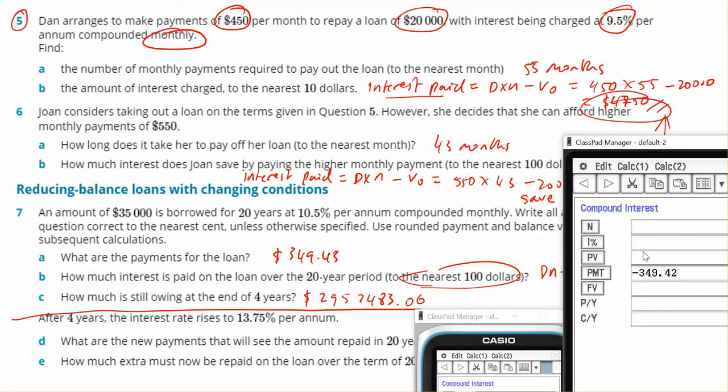So my principal value is 35,000, and my interest rate is 10.5%. My n is 4 years, so 4 times 12. My final value is not 0, we're trying to work that out.